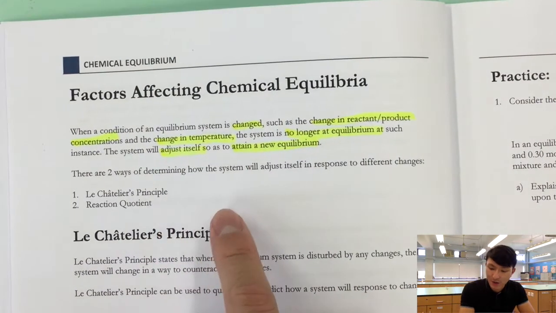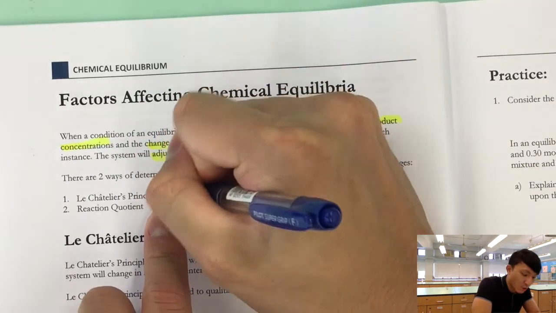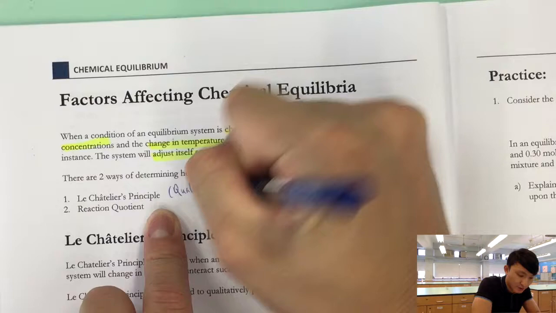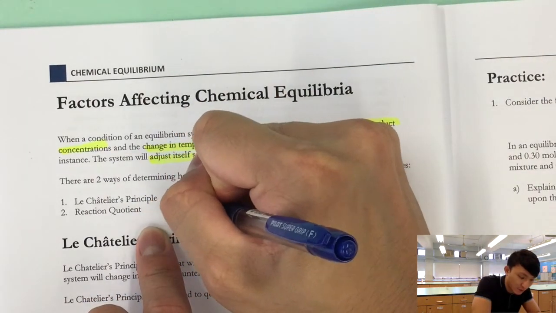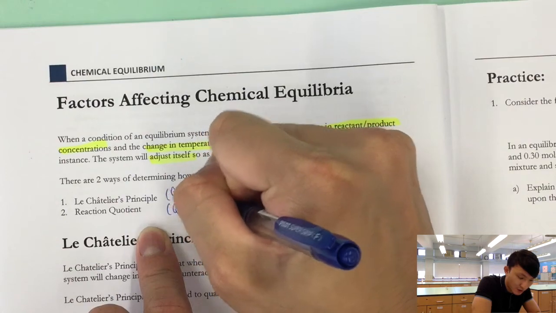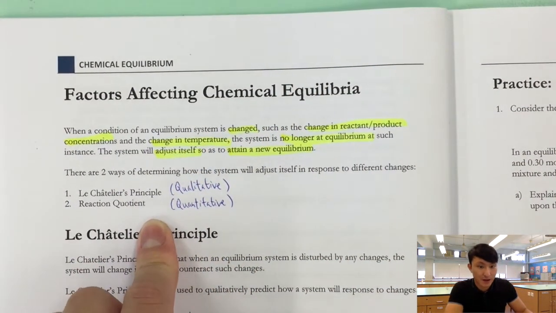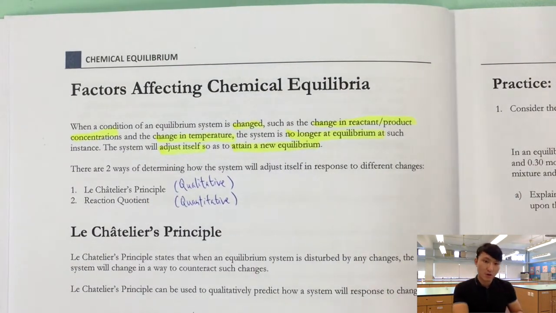The first one is more of a qualitative approach, while the second one is more of a quantitative approach, perhaps involving some calculation, while the first one does not. So let's get started.